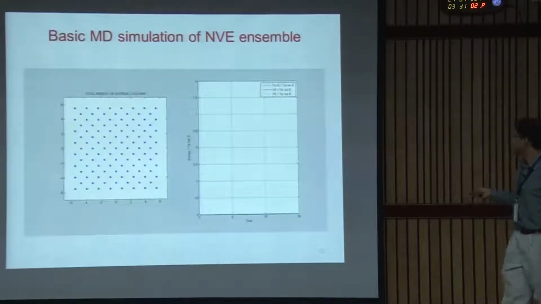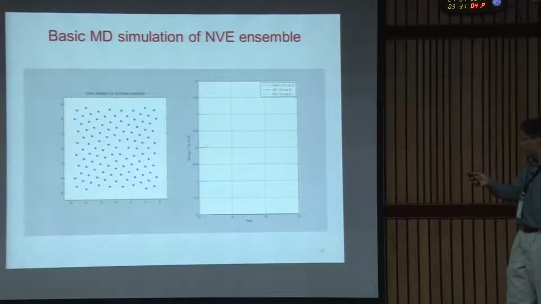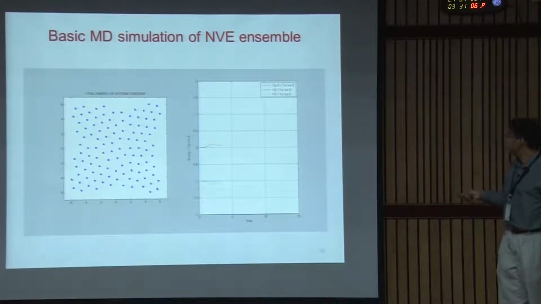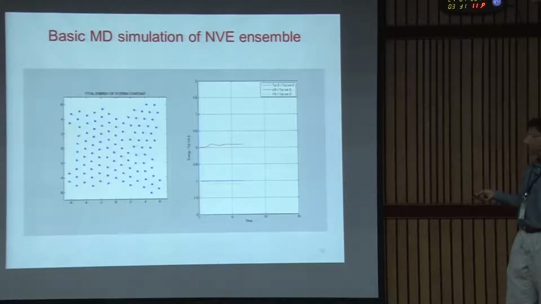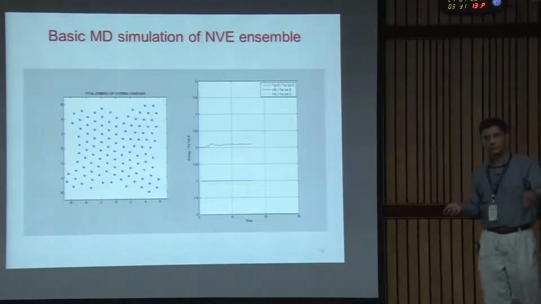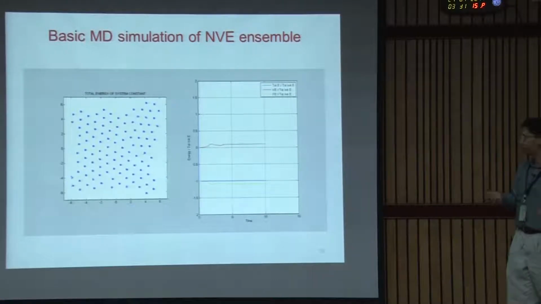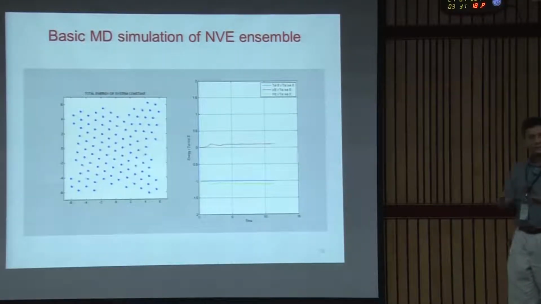What does it mean? Before I go to ergodicity, this is just a basic MD simulation, as basic as you can have. This is a box of particles originally at a BCC lattice, and there is no temperature control.